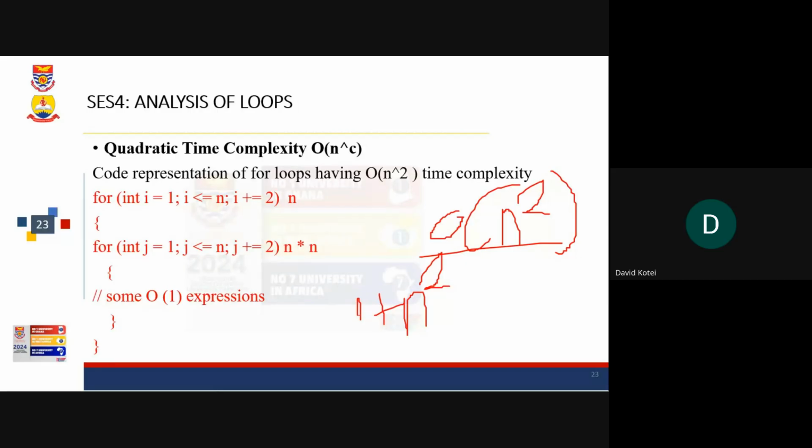Yeah, so for example, we said that for the integer I equal to 1, and I less than or equal to a certain number, the loop will run. And then I is always added, right? It's incremented by 2. So the 2 becomes a constant by which the I increases.